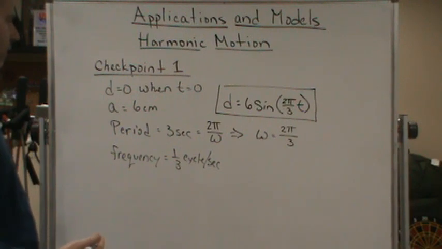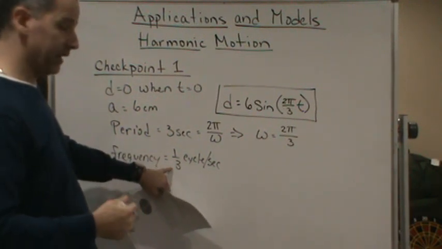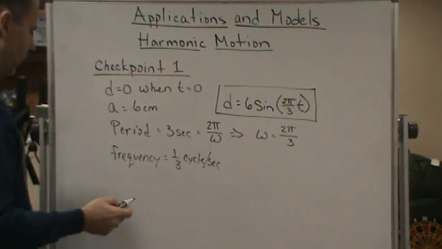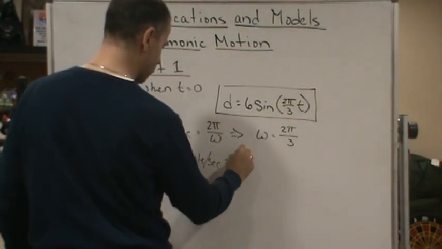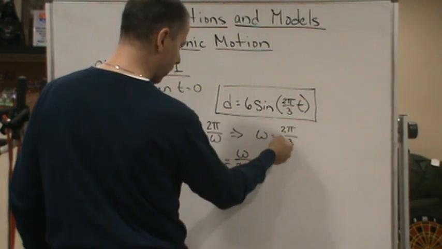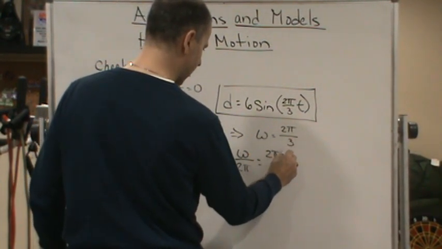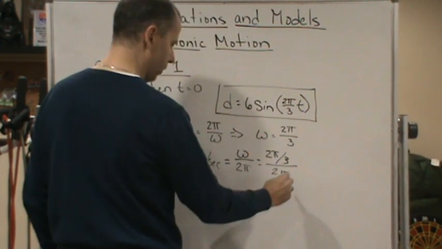Now, let's verify what the frequency is. We already know what the frequency is, but if it asks you to verify it, that's basically proving it. So now we're going to say, well, the frequency is by definition omega over 2 pi. And omega we know is 2 pi over 3, so we're going to plug that in. So 2 pi over 3 divided by 2 pi, which again we can change.